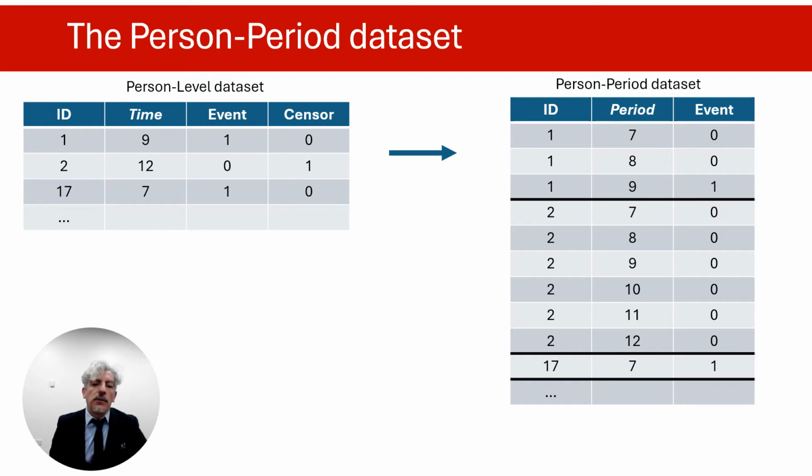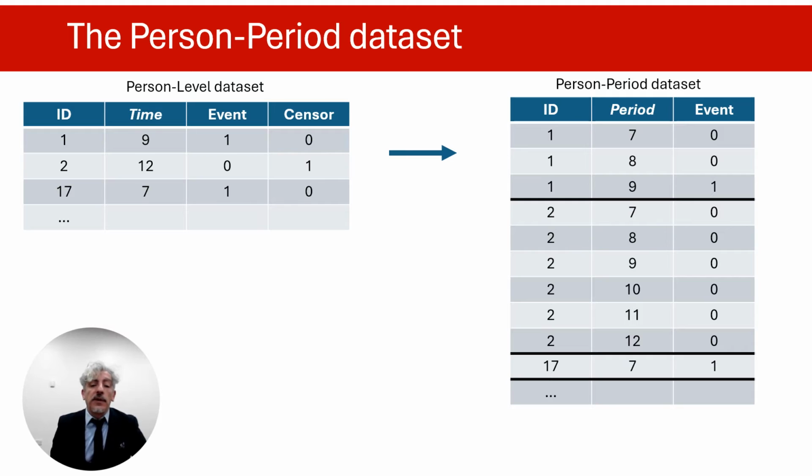If you have experience with multi-level models, this is very similar to the transformation from a wide data set where every row corresponds to a participant to a long data set where every row corresponds to a participant's measurement occasion, and measurement occasions are nested within participants. The idea here is that every participant contributes different periods to the data set, different time intervals.